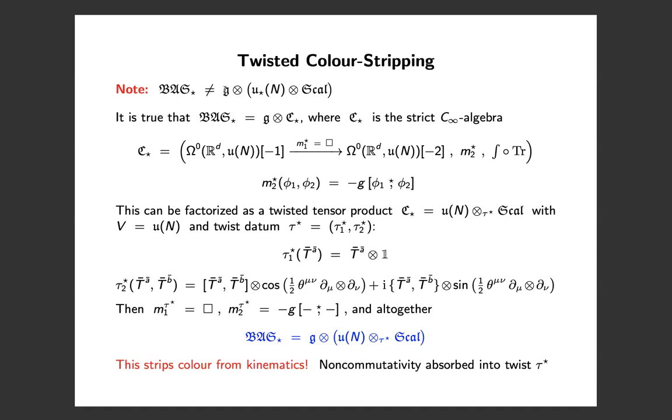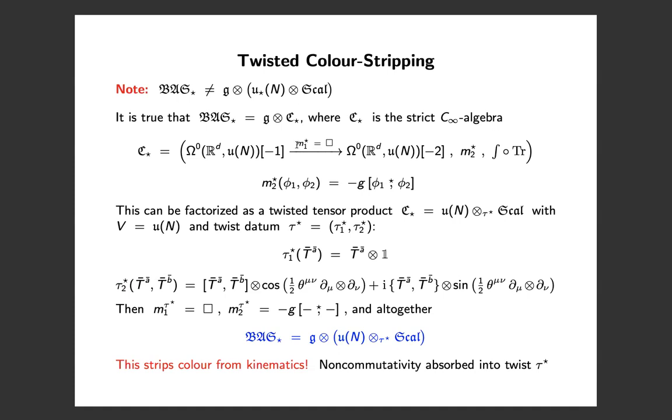You can, of course, factorize one Lie algebra, but the U star of n cannot be factorized in this sense. And of course, it doesn't really make sense because this U star of n already has mixed into it some kinematic factors. It's not just a color Lie algebra.